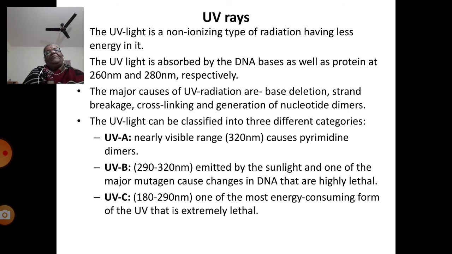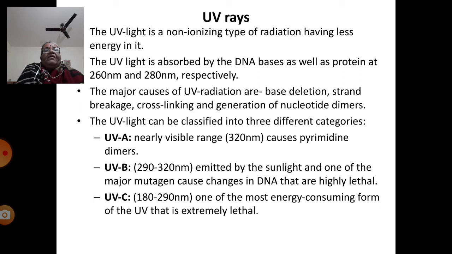And then UVB, the next category, 290 to 320 nm. It is emitted by sunlight and it is one of the major mutagens that changes DNA, and this type is highly lethal.